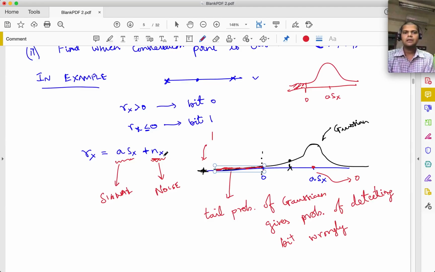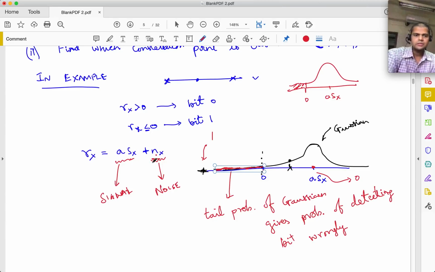If the standard deviation of this noise is much smaller than this Asx, then we are in good shape. That means we are going to get the bits correctly most of the time. But if the standard deviation of this Nx is comparable to this, then we are in trouble. We are going to get lots of bits in error.